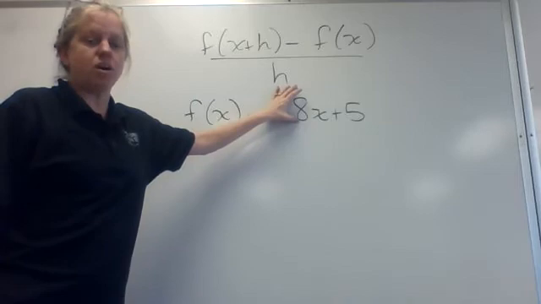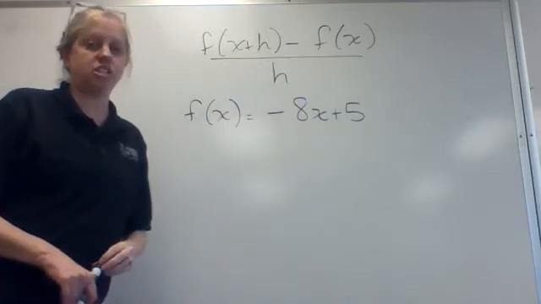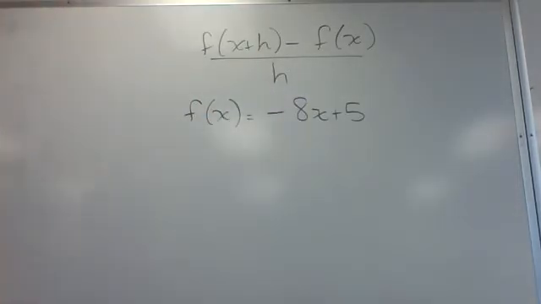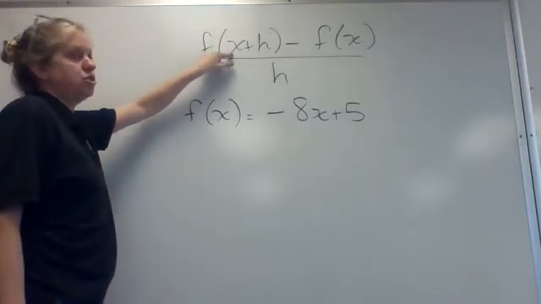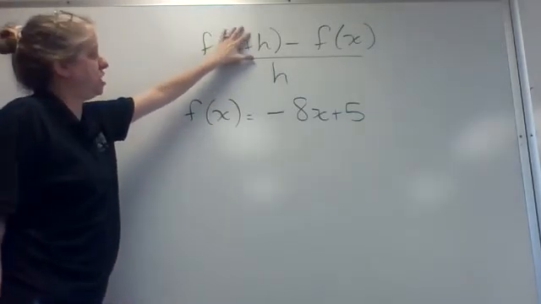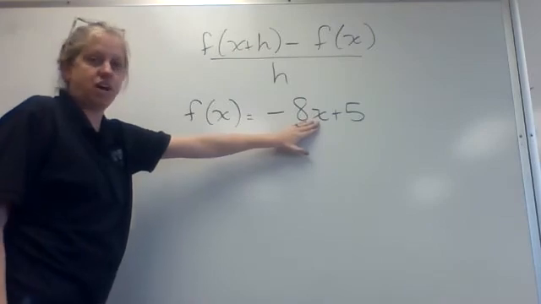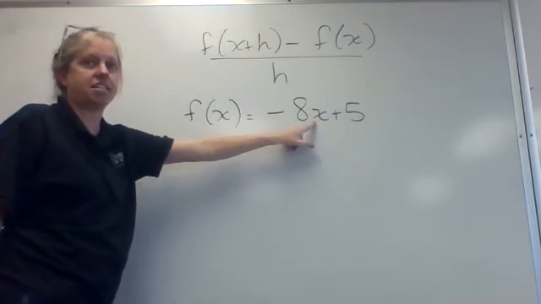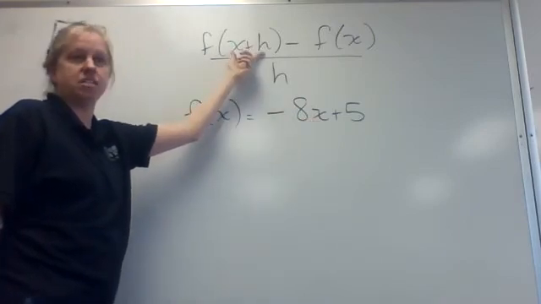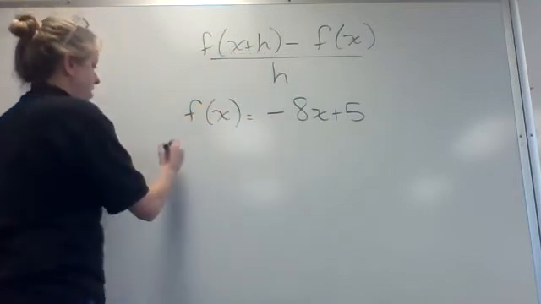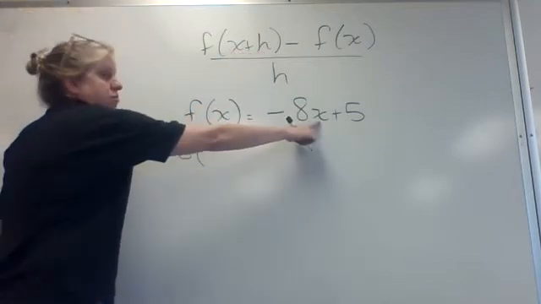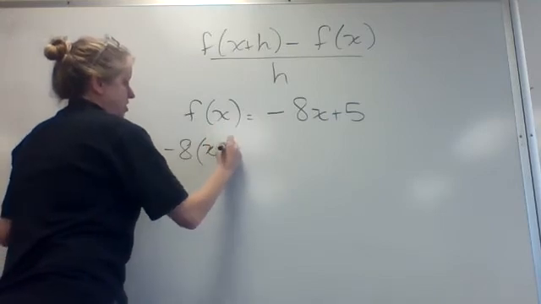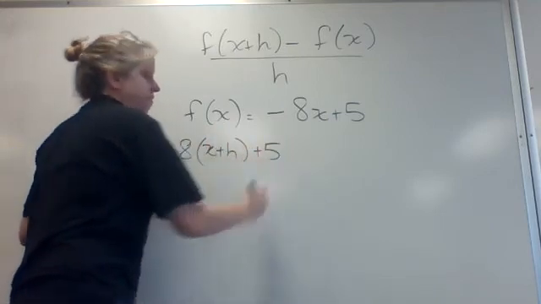Okay. I am going to work this out using the difference quotient just to get the practice for the next one. What's the first thing you do when you're using the difference quotient? You're going to rewrite this function, and in place of this x, I'm going to put x plus h. So if I do that, I'll have -8, replace the x with x plus h, plus 5.